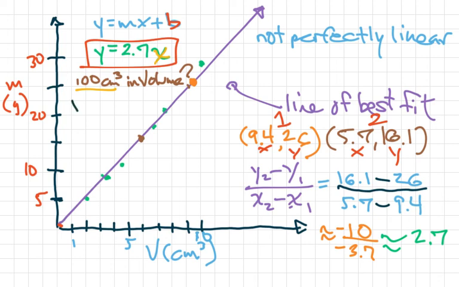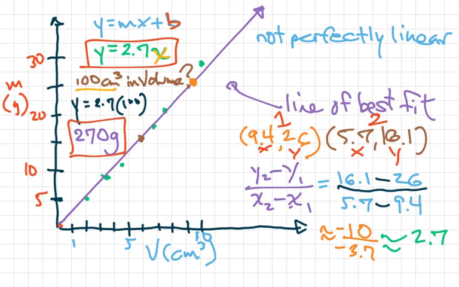So I write y equals 2.7 times 100, and I'm just moving the decimal place over twice, so I could say 270. Mass, in grams. So something that is 100 centimeters cubed in volume is likely to be 270 grams.